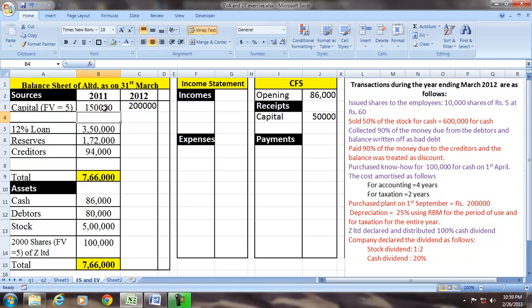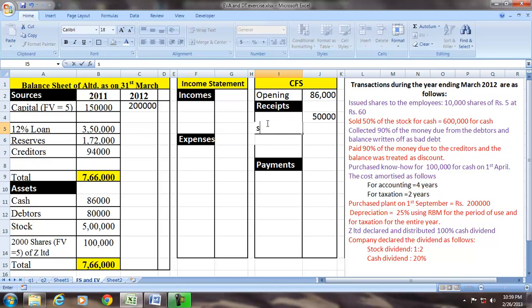Let us make those transactions values. The shares are issued at 60, so there is a share premium of 55. So share premium is 10,000 into 55, that is 5,50,000.